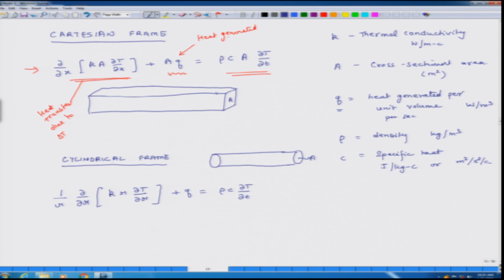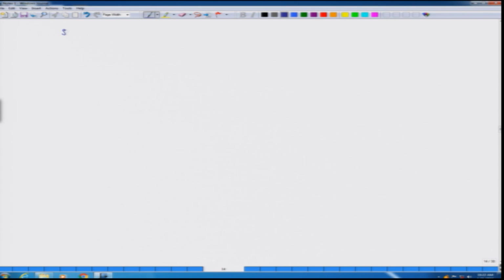Now, this particular equation is good if the overall length of the system, suppose this is L, then L has to be fairly large compared to, let us say, d out, or outside diameter. Okay. This is the second equation, again the 1D heat conduction equation, but this is for a cylindrical coordinate system. And then we have a spherical coordinate system.